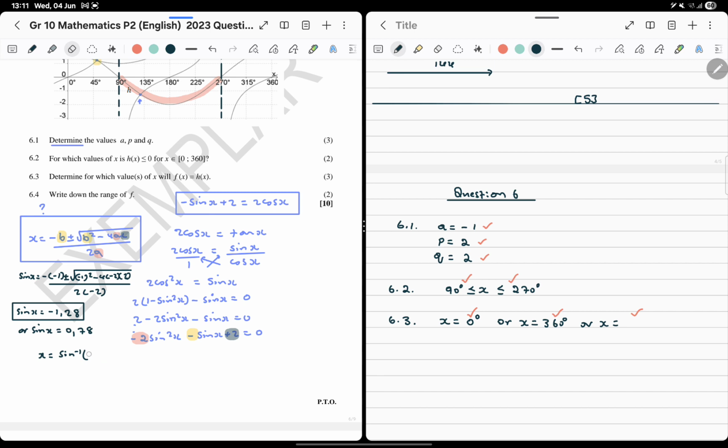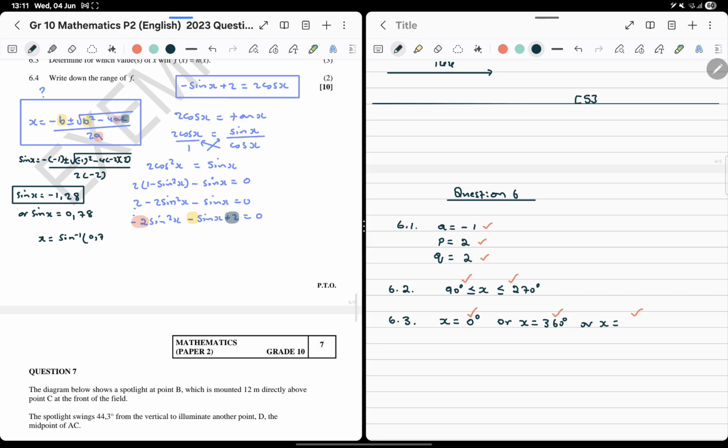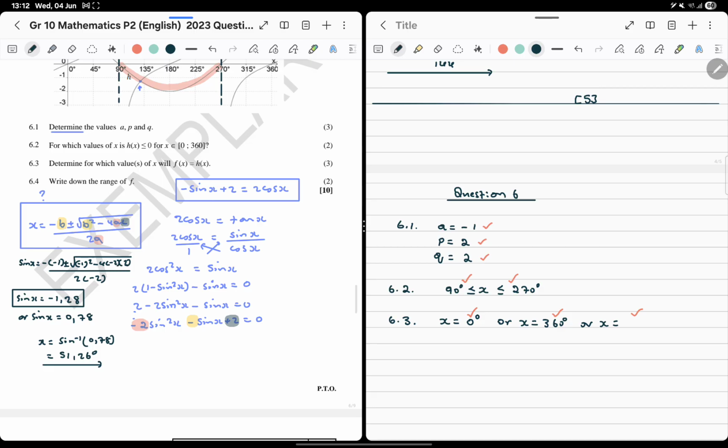Sometimes this portion of the screen always does its own things. 0.78, it's 51.26 degrees. Okay, so this looks all right to me. So that would be the other angle, guys.